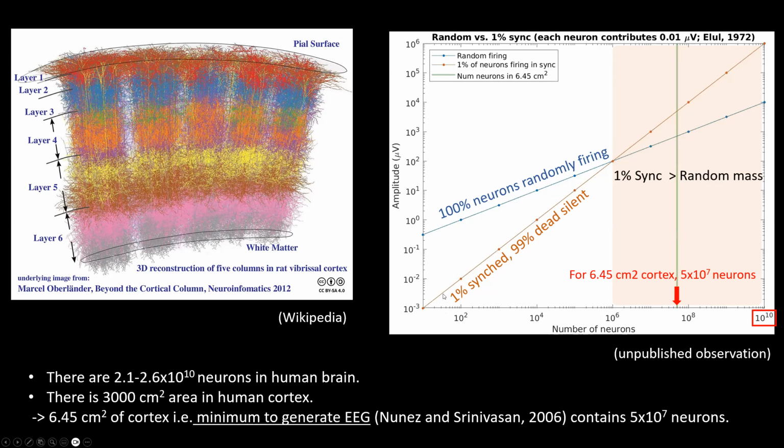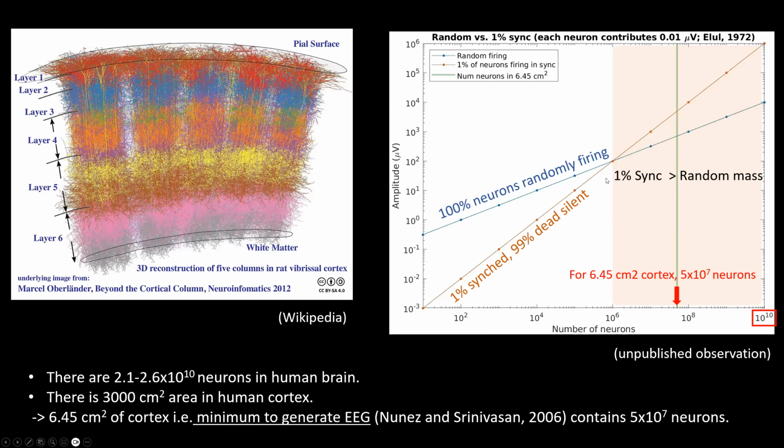And compared with that, in this case only 1% of the neural population gets activated, but in complete synchrony, like 100% synchrony. And 99% of the other neurons are dead silent, okay? When you make this comparison, there is a point where this synchrony model goes beyond the total amplitude level of the random neuron firing.